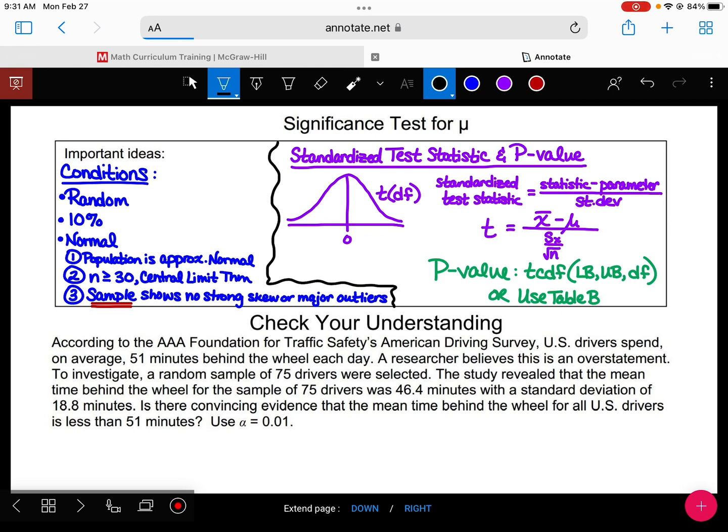N is greater than 30, and then you would have to go on to say, like we have central limit theorem, and that's how we know we have normality. Or the sample does not show a strong skew or major outliers. And it is really important there to state that it is the sample that we're looking at a graph of.